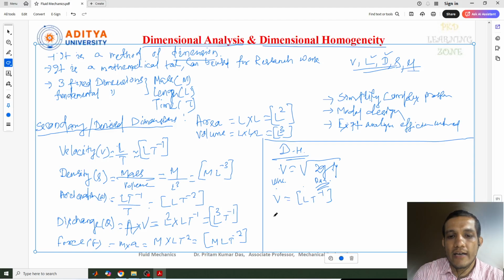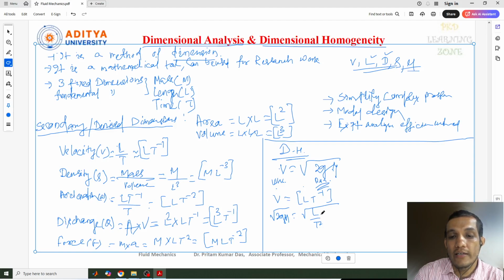Now the right hand side we need to derive, that is root over 2gh. The value 2 is a constant, not required for this. G is gravity, so its dimensions are L by T square, meter per second square.